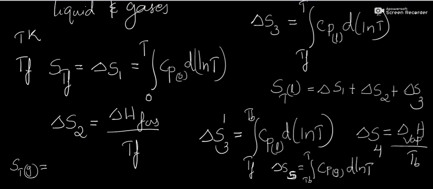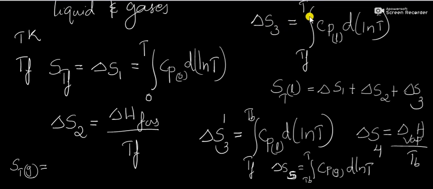And if it is the absolute entropy of the substance in its liquid state at T Kelvin that is to be determined, we have to do another final step. That is, the liquid is heated from TF Kelvin to the temperature T Kelvin.